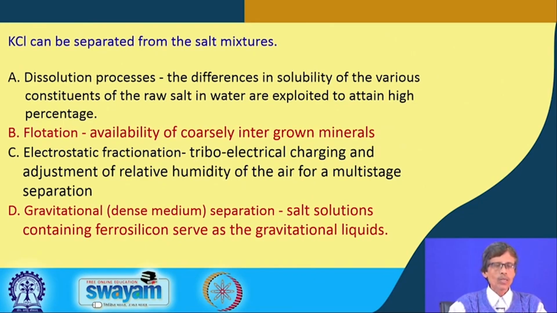So we use salt solutions containing ferrosilicon as the gravitational liquid. A dense liquid should be used, and that dense liquid can separate: the heavier particles will settle down and the lighter particles will float, like our separation based on water or any other solvent.